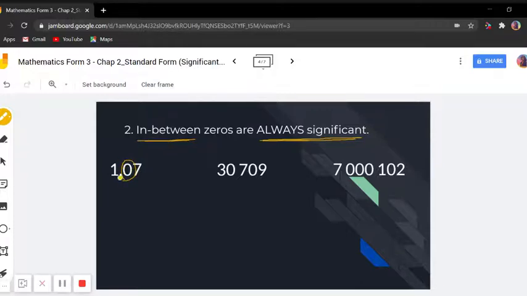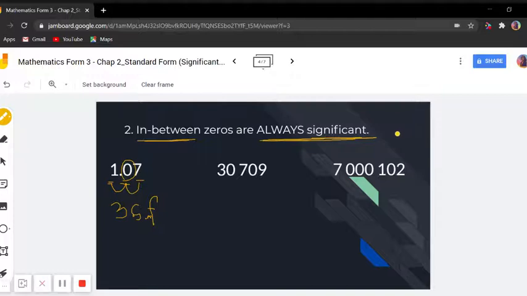When the zero is located in the middle of two non-zero numbers, it will be considered significant. So the 0 here is significant. How many significant numbers are here? There are 1, 2, and 3. There are 3 significant numbers, or significant figures.